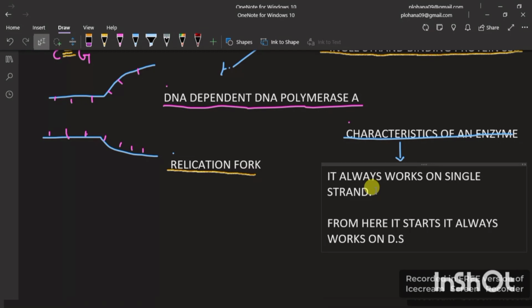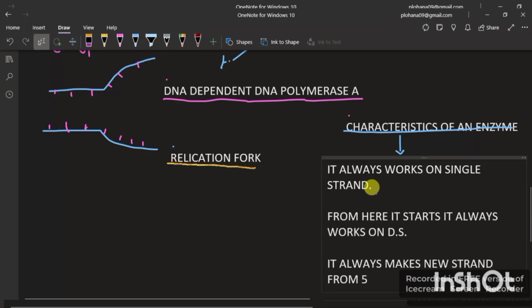DS, which means double strand. The third characteristic of this enzyme is that it always makes a new strand or daughter strand from the 5' end to the 3' end. These are some characteristics.